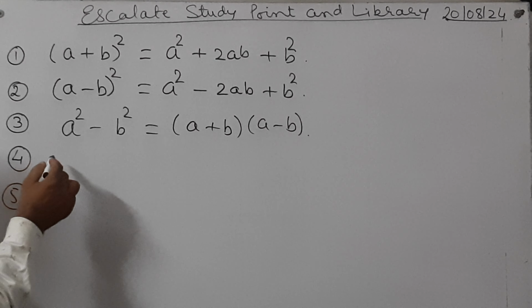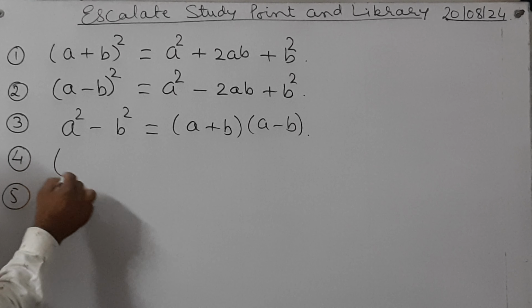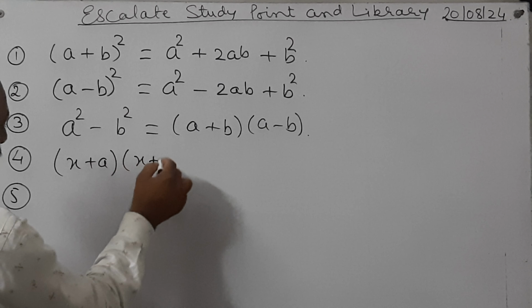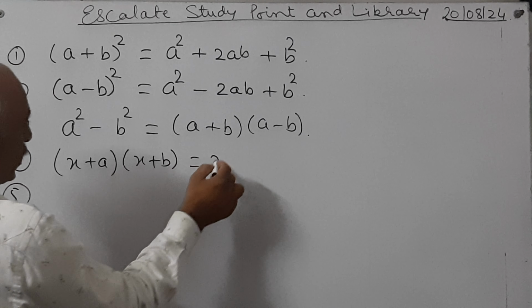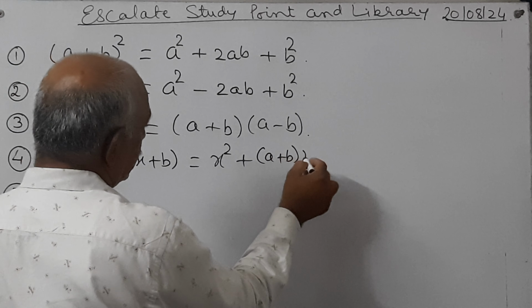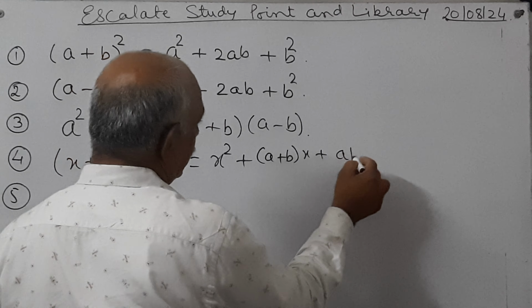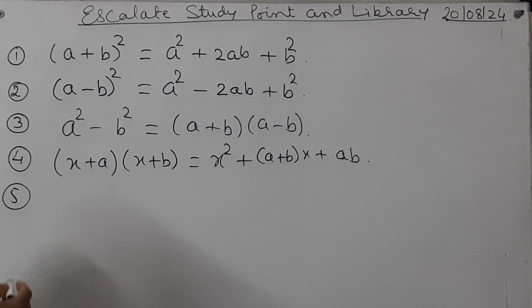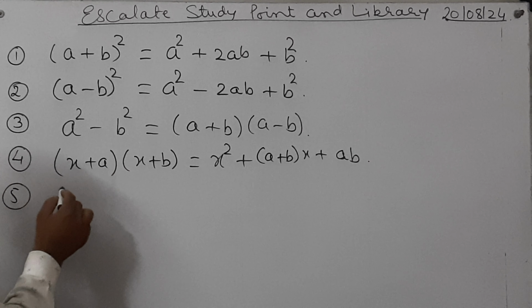factors. Then one identity which we have yet to see: (x plus a) into (x plus b) is x square plus (a plus b) into x plus ab. Then one more based on this, we can take any of the two to be minus.